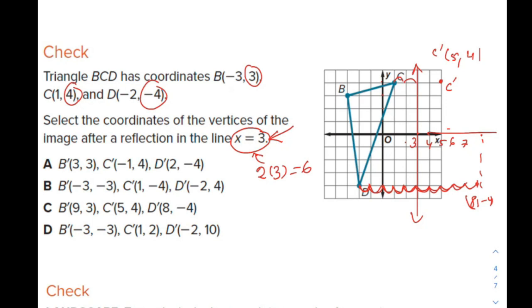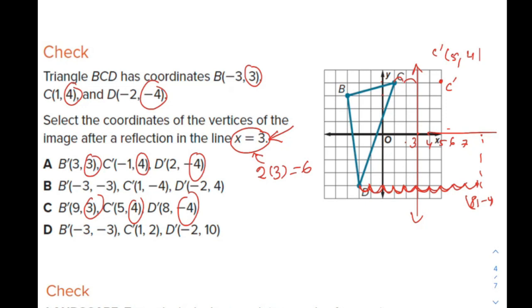So you will choose where the y's stay the same. For B, y should be 3, like this one, B prime, so A or C are choices. For example, also here, 4 and 4, and here we have -4 and -4. These stayed the same. Original is the same as the image.